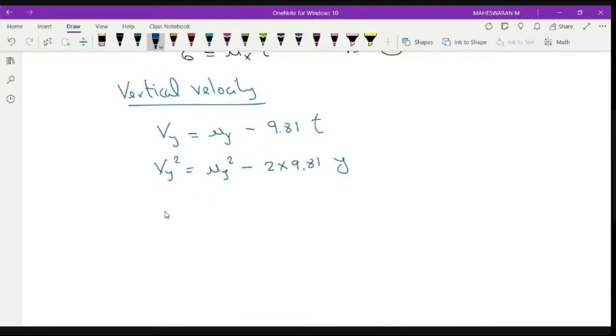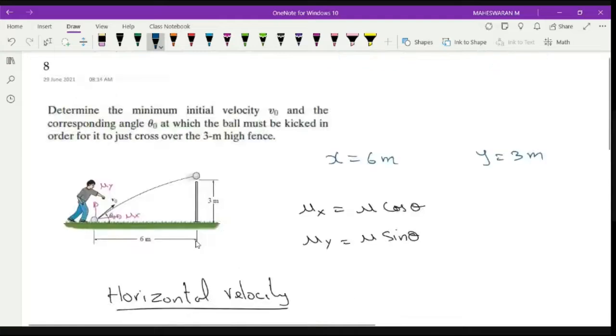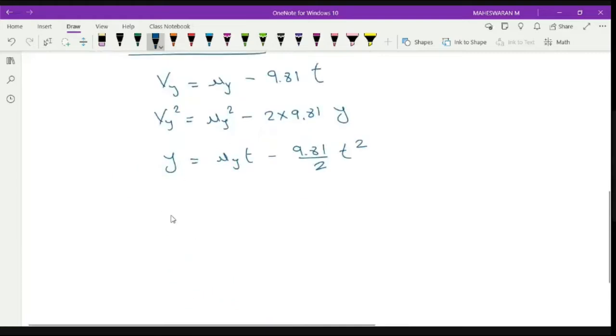So leave it. Last one, Y is equal to UyT minus 9.81 by 2 T square. The y value is 3.